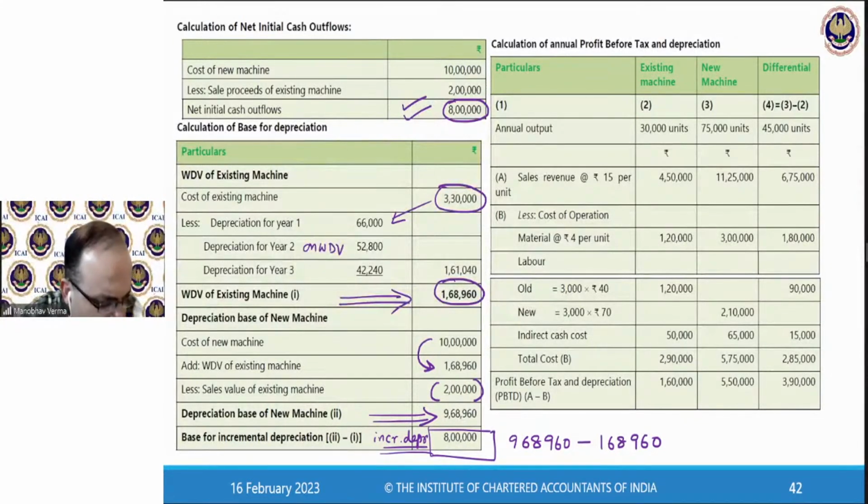Pranav, you also. If nothing was happening, your depreciation would have been on 1,68,960. And if we are changing the machine, you will be charging depreciation on 9,68,960 because there is no gain or loss, block of assets.